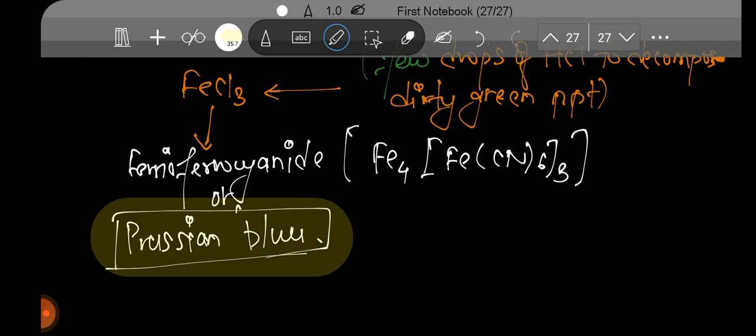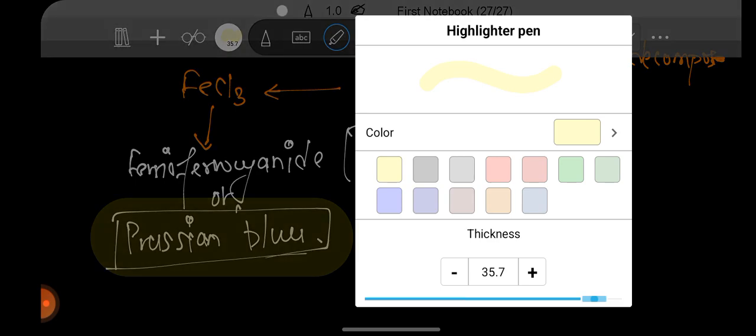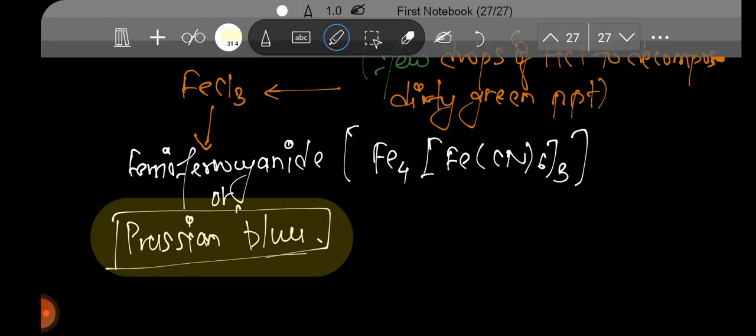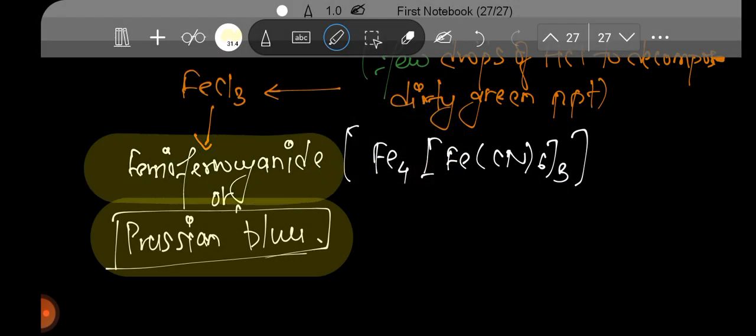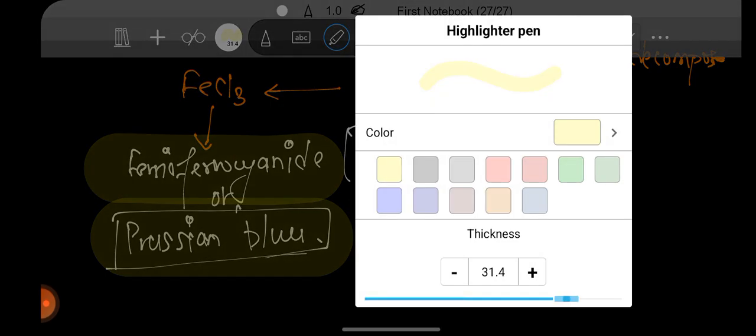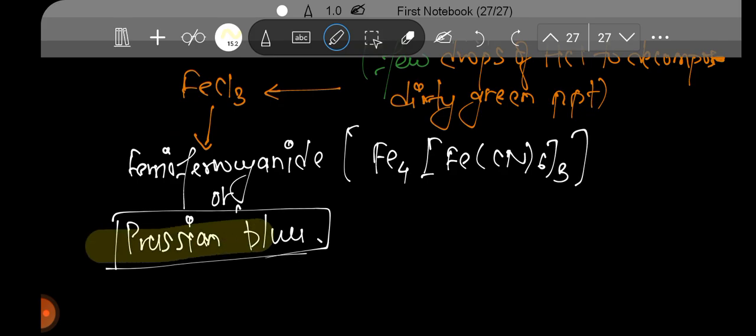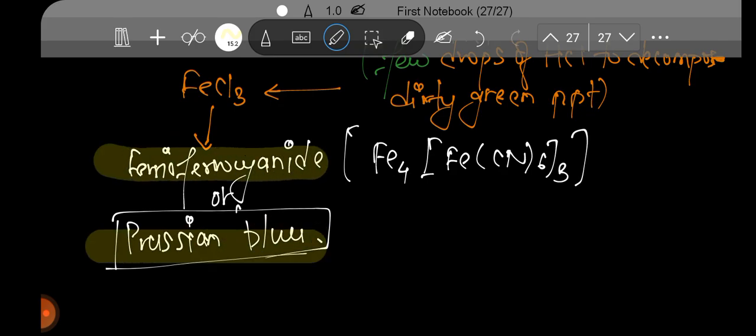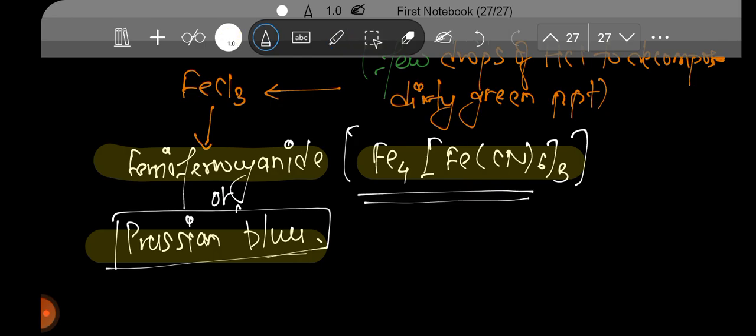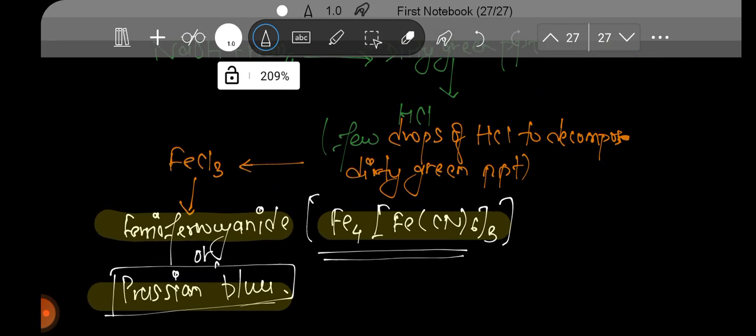In various entrance examinations, it has been asked with the name of ferric ferrocyanide, and sometimes this reaction has been given as well. Now you have to understand all these steps.